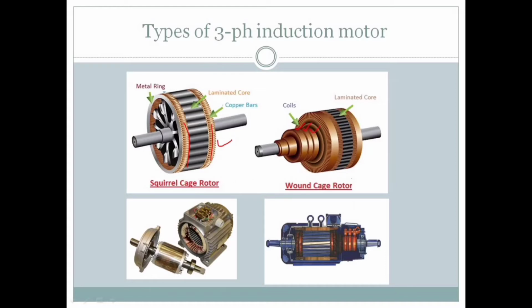In practical view there are no slip rings in the squirrel cage type induction motor, and in the slip ring induction motor, a number of slip rings are present on the rotor side.